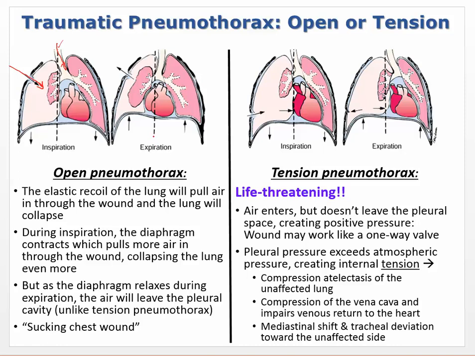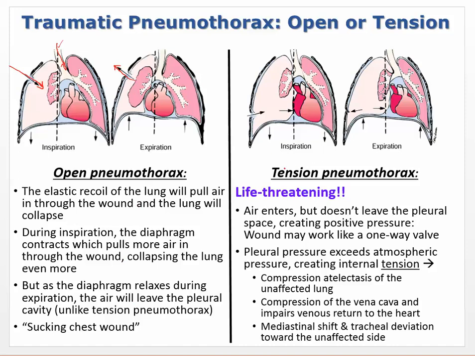But then when the diaphragm relaxes and the lung recoils, at least your good lung anyway, it's going to reduce that space, and so the air is just going to move out. So it's moving in and out. We call that a sucking chest wound. Air is moving in and out through the wound.